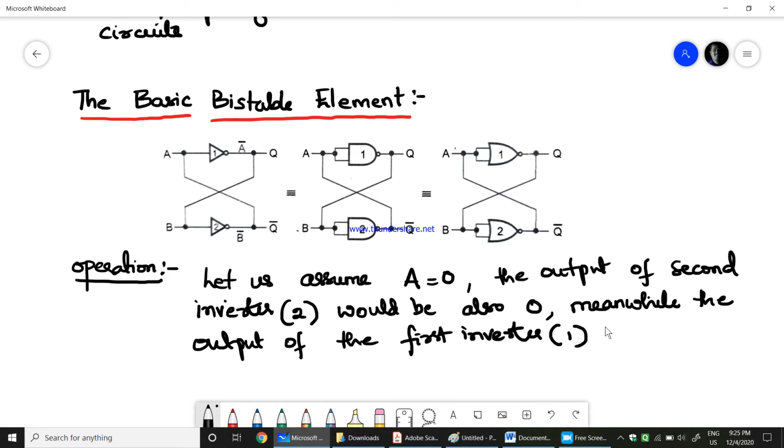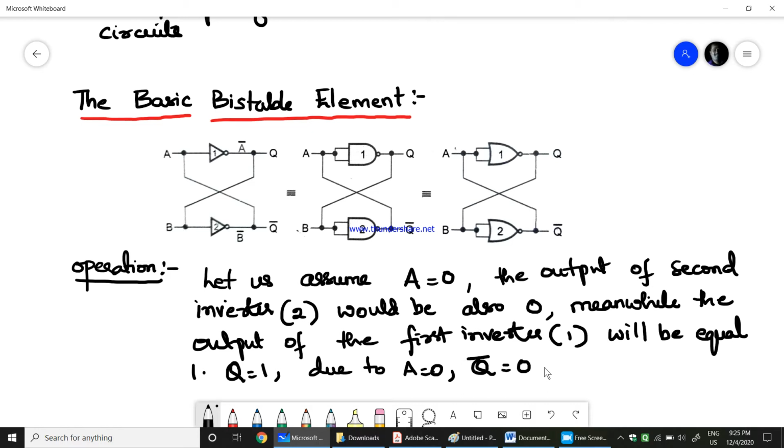The output of the first inverter will be equal to 1, which is nothing but Q equal to 1, and due to A equals 0, Q bar will be equal to 0. The reason is, if you see here, this is connected to B bar and the output of this is connected to B.